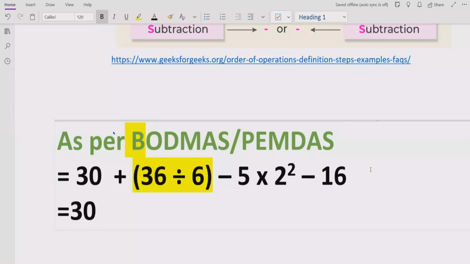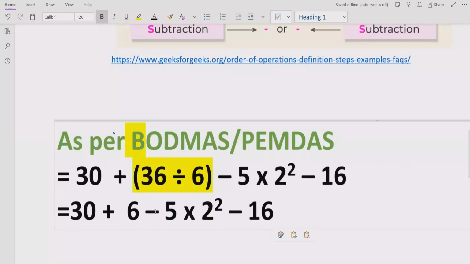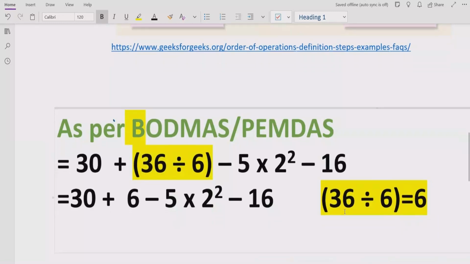So we will write 30 plus, 36 divided by 6 is 6, and after that we will write the other part as it is, and here we will give the reference 36 divided by 6.